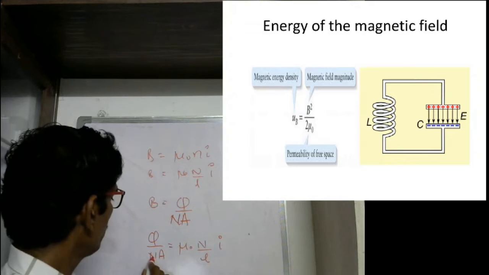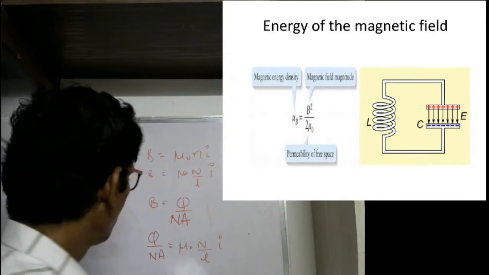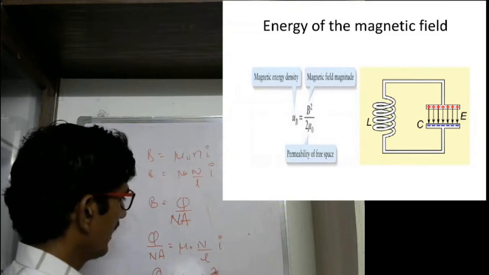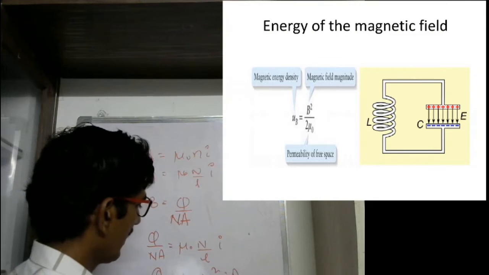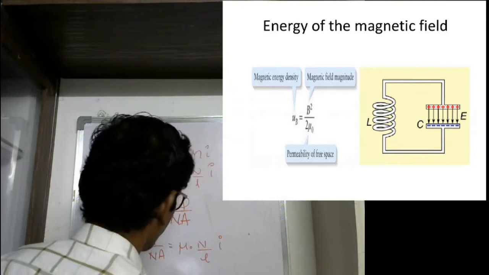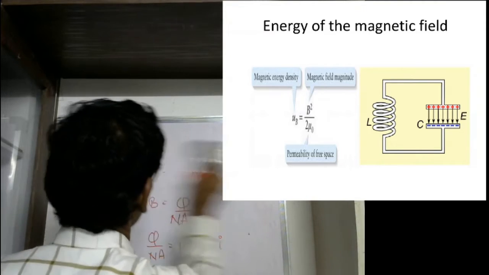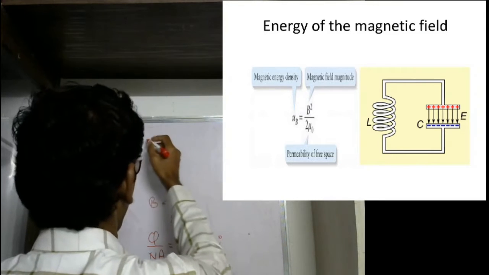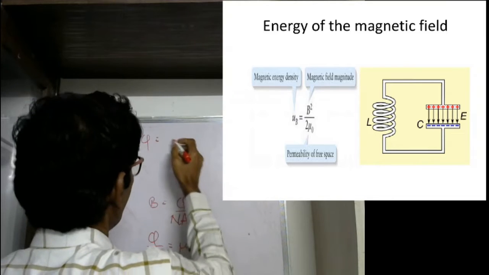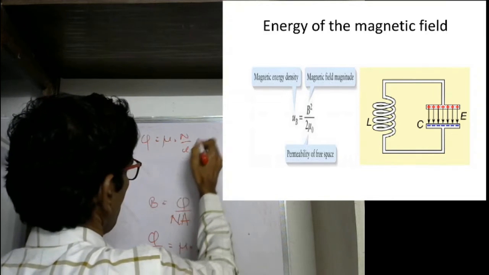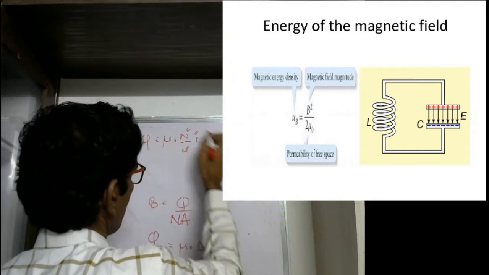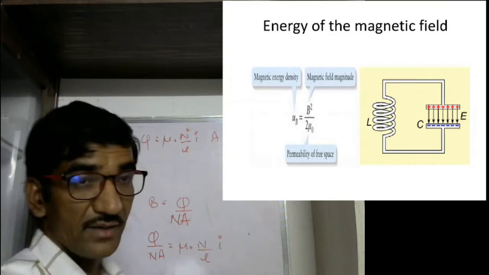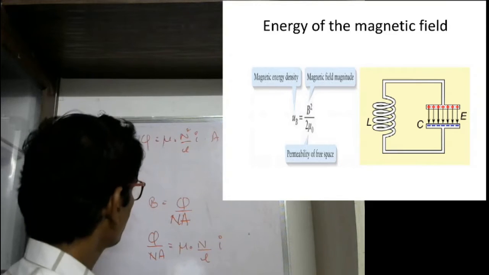So this flux phi is equal to mu naught N square I A by L. I am multiplying this N A on this side.